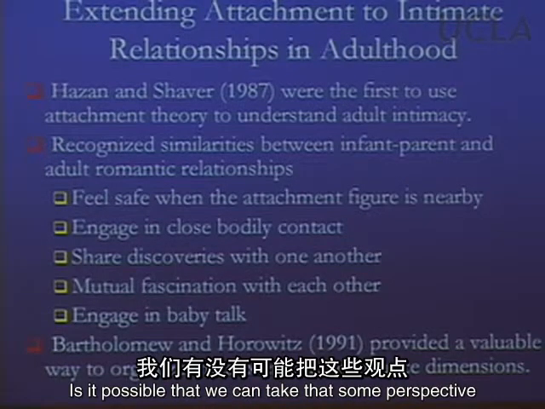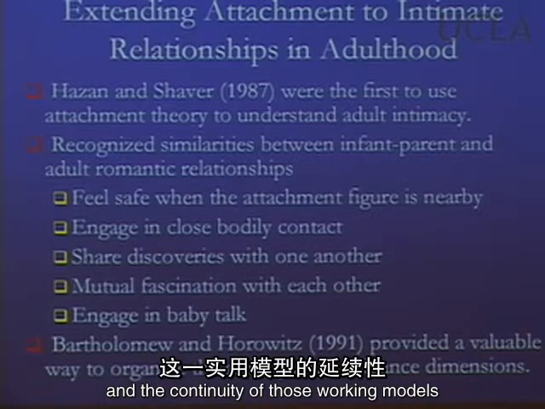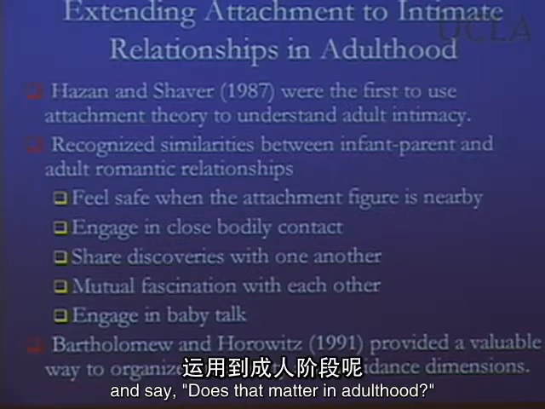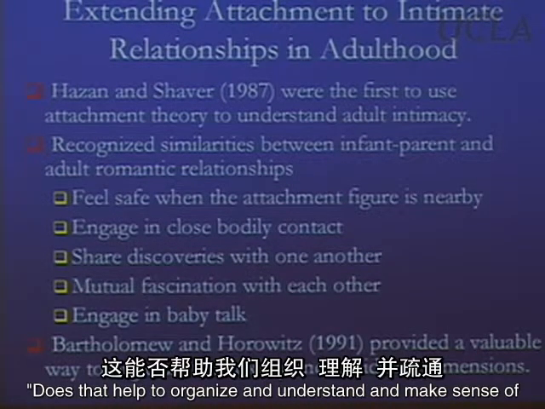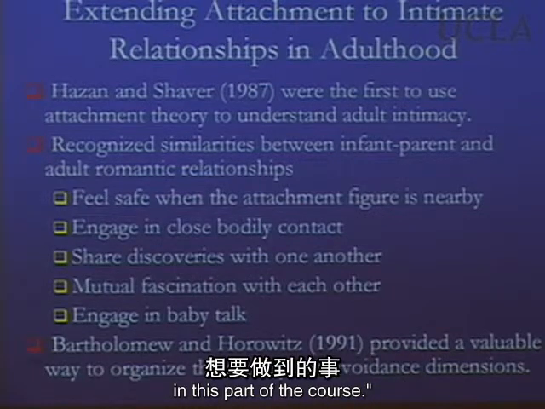Is it possible that we could take that same perspective and think about the working models that are formed in childhood and the continuity of those working models and those two dimensions that I just outlined and say, does that matter in adulthood? Does that help us to organize and understand and make sense of the individuals who are in relationships, which, after all, is what we're trying to accomplish in this part of the course?